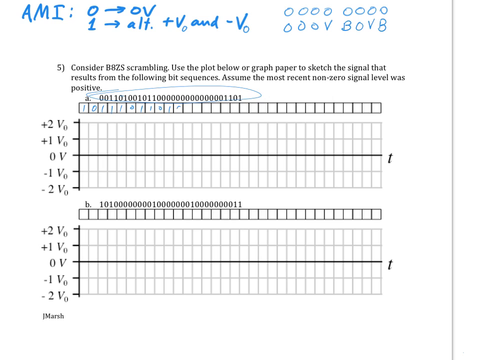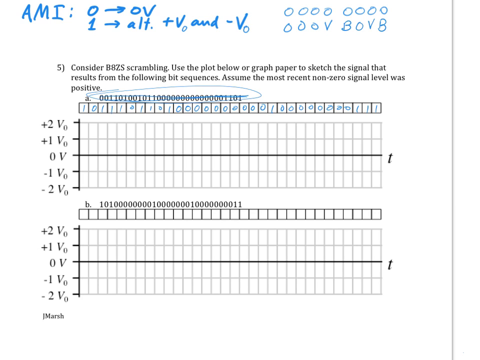And now I have a bunch of zeros, 3, 4, 5, 6, 7, 8, 9, 10 zeros in a row. And maybe I'll have another place where I have 8 zeros in a row. 1, 2, 3, 4, 5, 6, 7, 8. And then some 1s. Okay, so I've got 2 places where I'm going to do a substitution, so I'm using a different bit pattern than the one shown here.